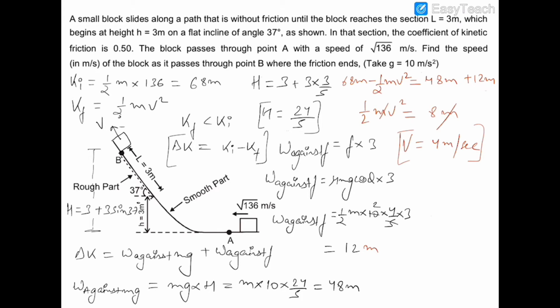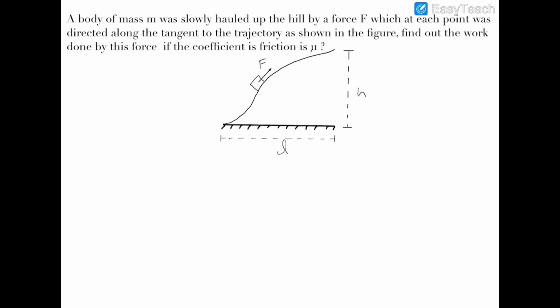Now we move on to the next question. In this question, there is a block of mass m which is slowly, I am underlining the important word, slowly hauled up the hill by a force F, which at each point is directed along the tangent to the trajectory, and the coefficient of friction is mu.